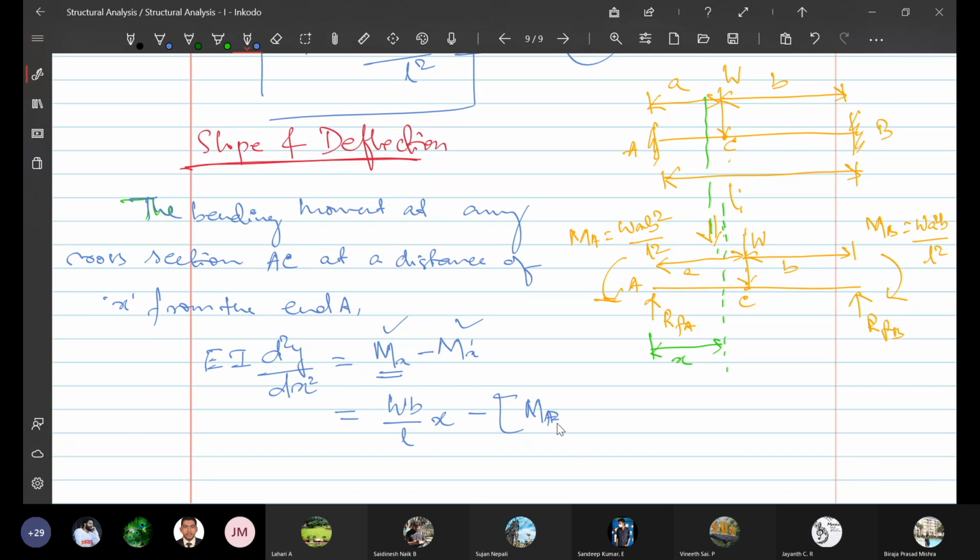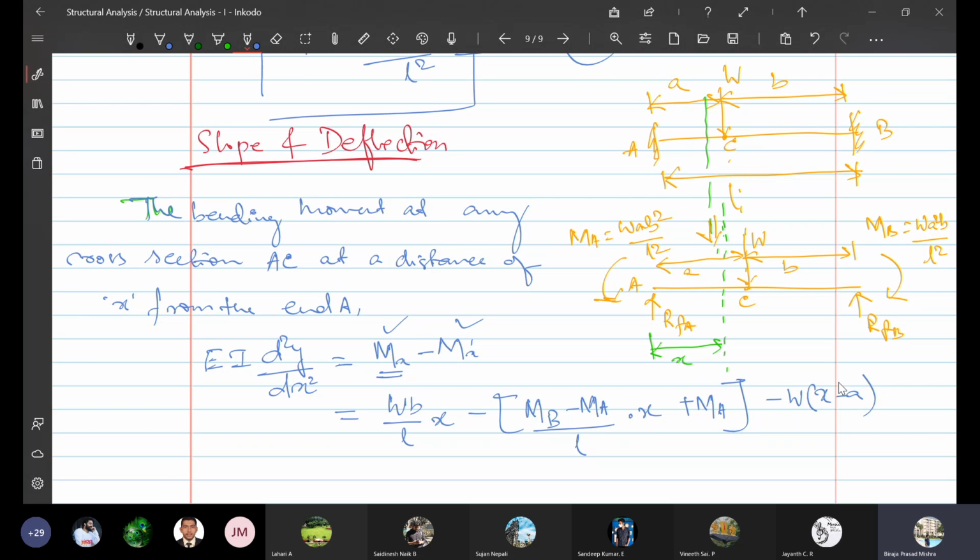Sorry, we are considering MB as more than MA. So it is MB minus MA by L into X plus MA minus W into X minus A.